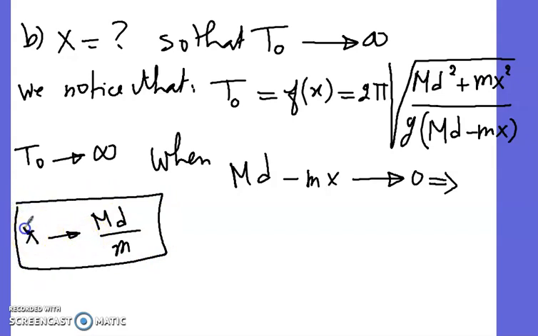So in this case, if x equals this value, meaning if we have the values for m, d, and m, then the period becomes infinity.